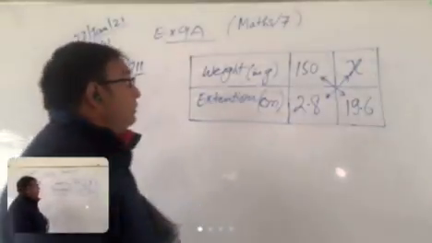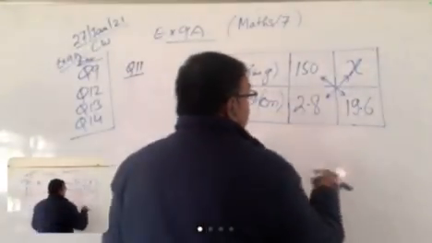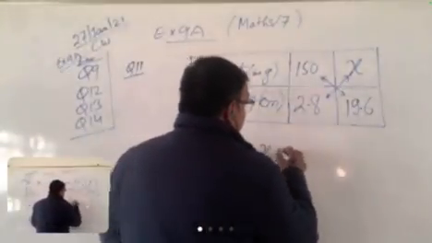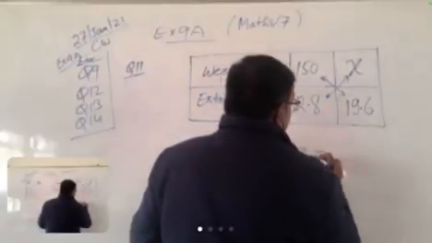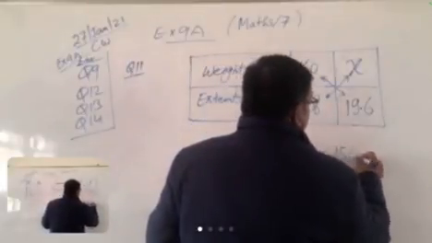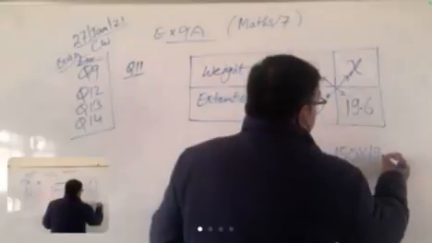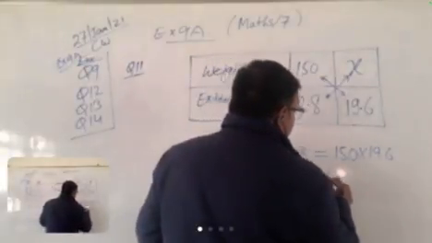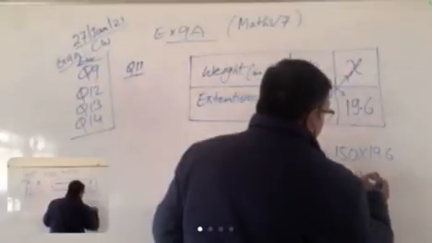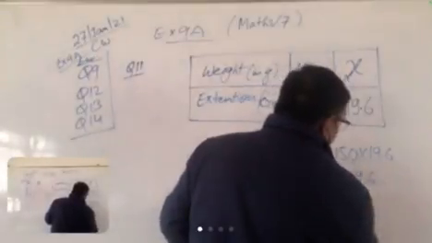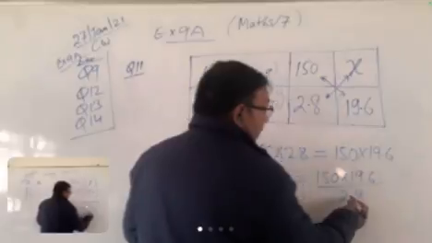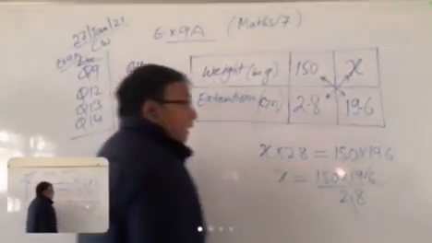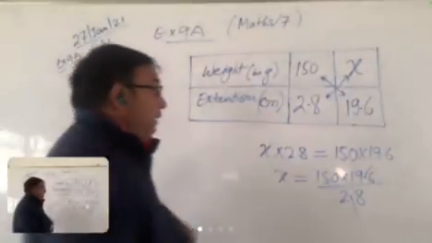Visible? Okay, now just cross multiply it. X multiplied by 2.8 is equal to 150 multiplied by 19.6. So x is equal to 150 multiplied by 19.6 upon 2.8. Now remove the decimal and calculate it.